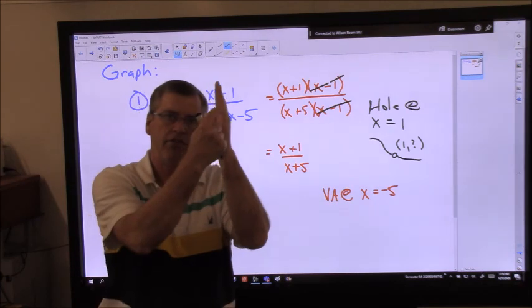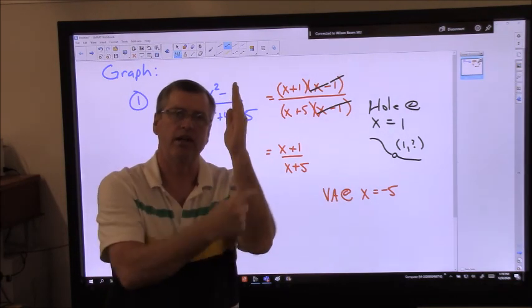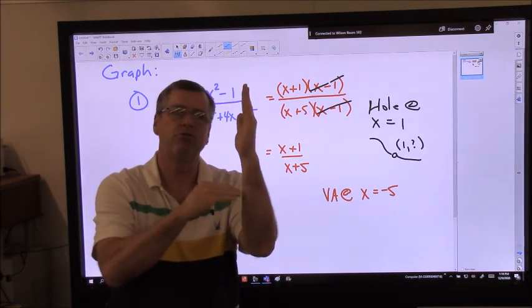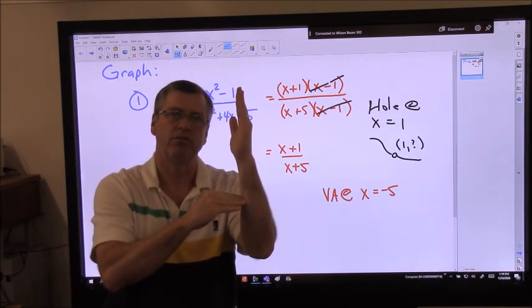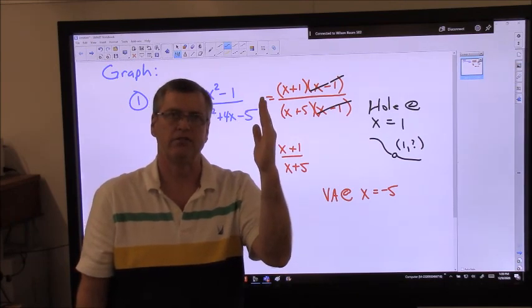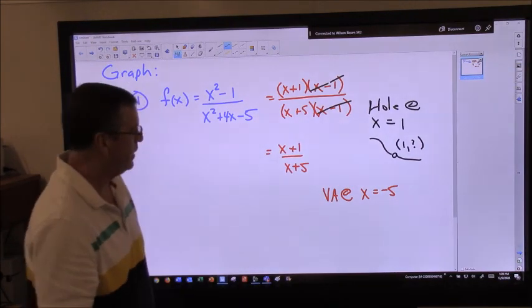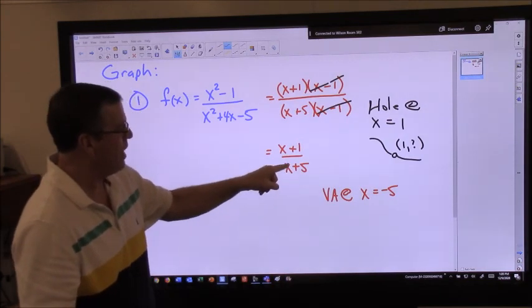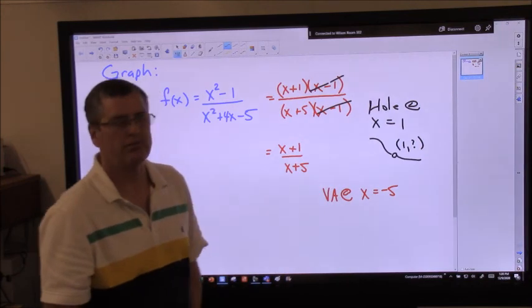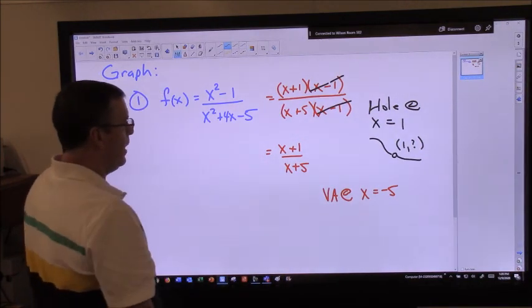When we draw that vertical asymptote with a dotted line, that means that's a spot that the graph can never touch. I can never go through a vertical asymptote, okay? We'll never touch it. And so that's our undefined part, right? That's what we mean when we put that in there, right? So we know that x cannot equal negative 5 because that's why we have a vertical asymptote there, all right?